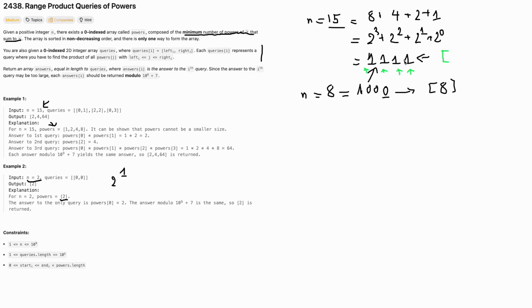For example, we add 1, that is 2 power 0, and next we add 2, that is 2 power 1, and so on and so forth. This is the way we can construct the elements.